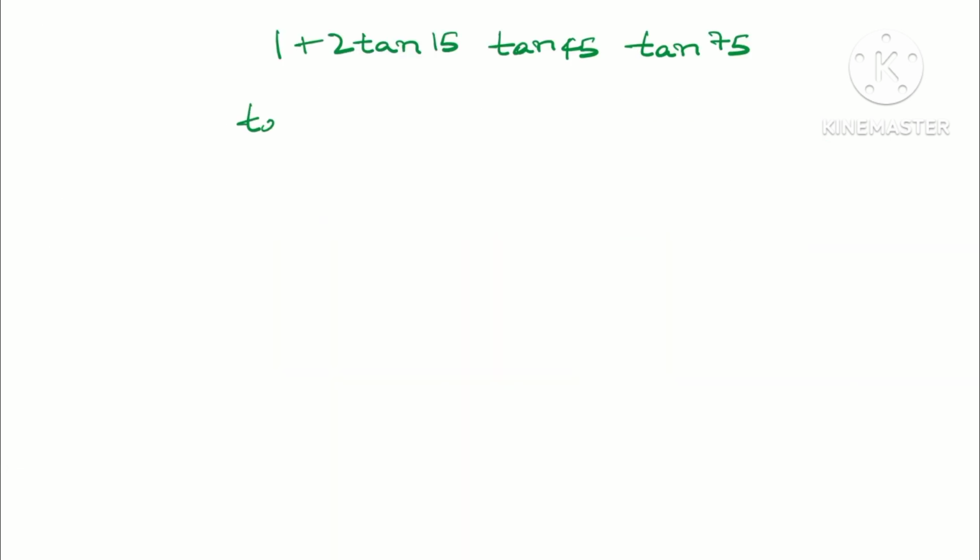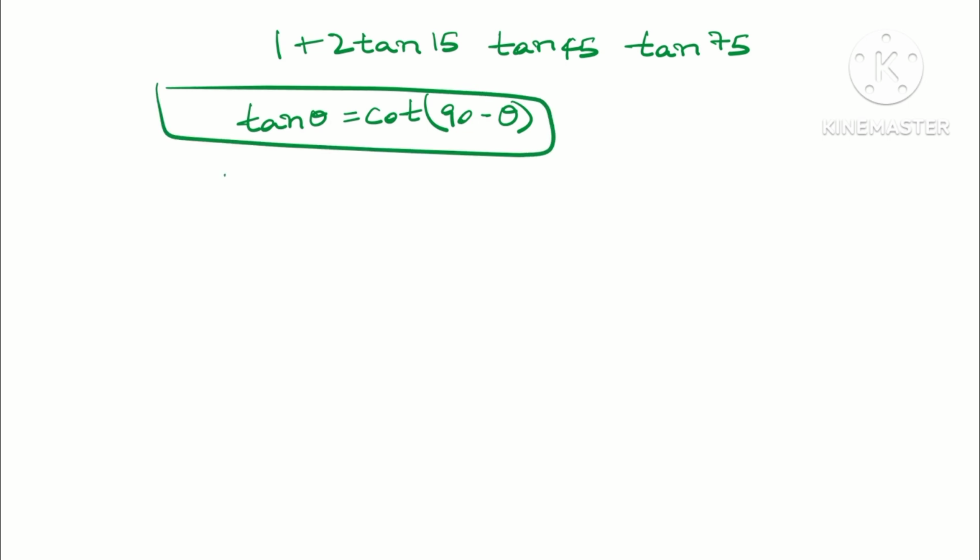We can write tan theta as cot 90 minus theta. So we can write tan 15 as cot 90 minus 15. So tan 15 becomes cot 75.